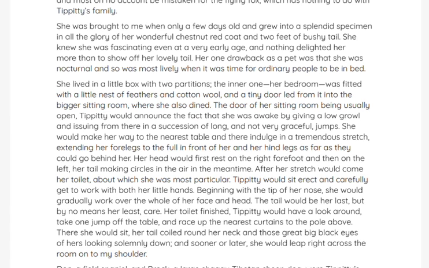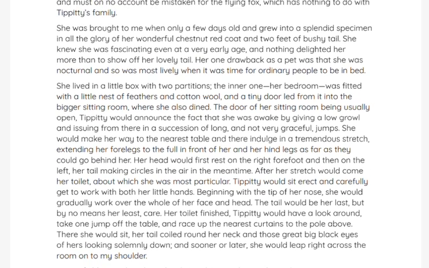And about this she was most particular. She was very particular about cleanliness. Tippity would sit erect and carefully get to work with both her little hands. Beginning with the tip of her nose, she would gradually work over the whole of her face and head.